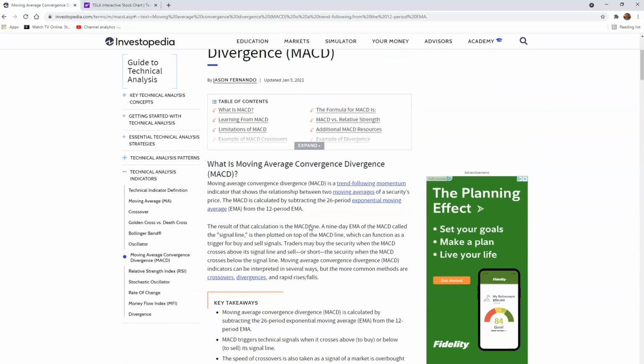All right? But basically, the MACD is the moving average convergence divergence indicator, and it's a trend following momentum indicator that shows a relationship between 2 moving averages of a security. It's calculated by subtracting the 26-period exponential moving average, or EMA, from the 12-period EMA. All right.